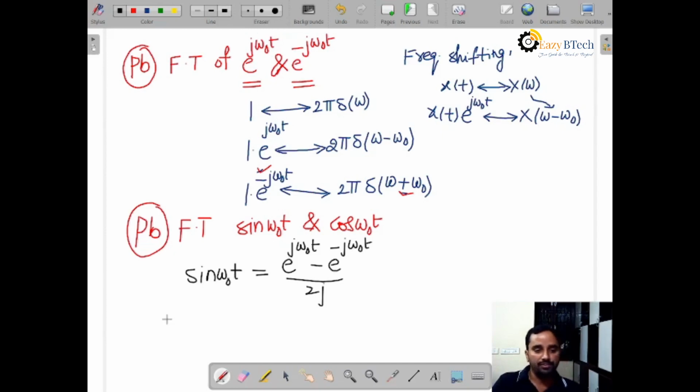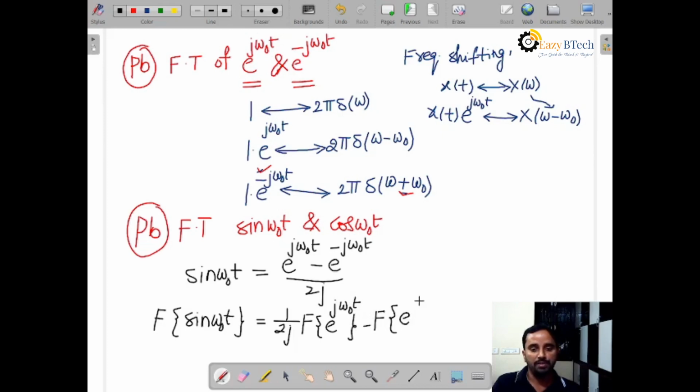So we want the Fourier transform of the sine function. That means the Fourier transform of sine omega naught t is equal to 1 by 2j outside, times the Fourier transform of e power j omega naught t minus the Fourier transform of e to the power minus j omega naught t.